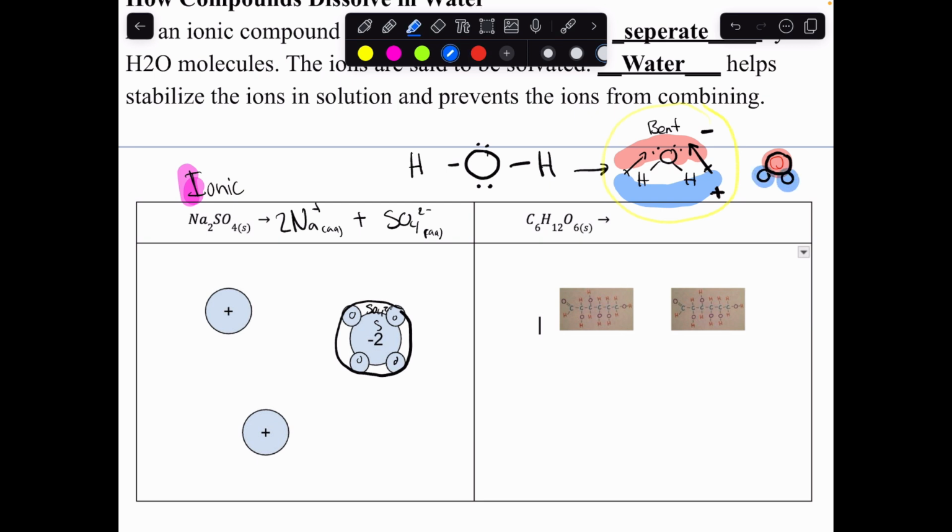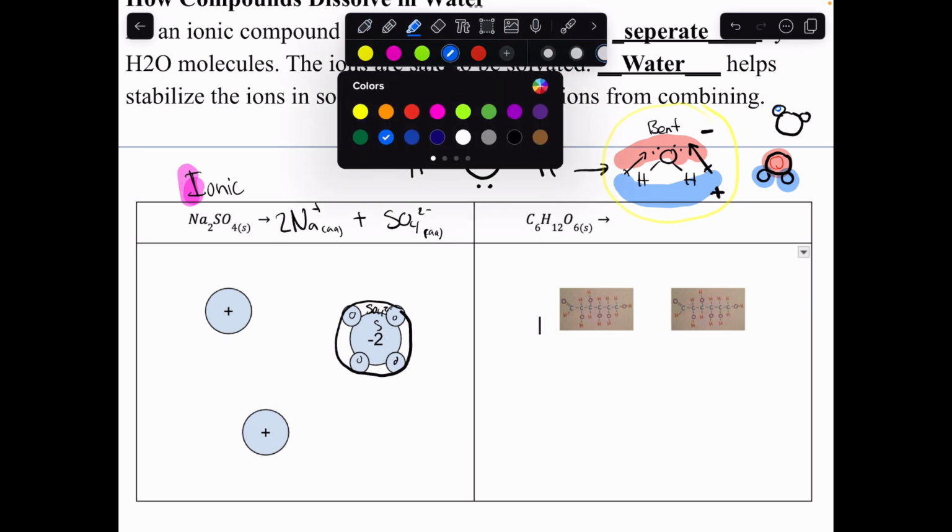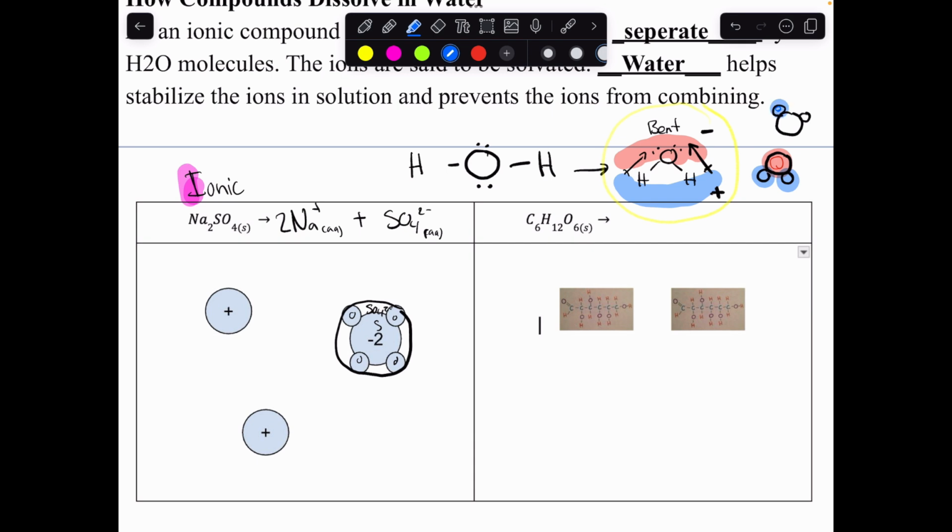If you flip that around, that's why people sometimes say water is like Mickey Mouse. The key thing is these up here are my positives, and this is my negative.